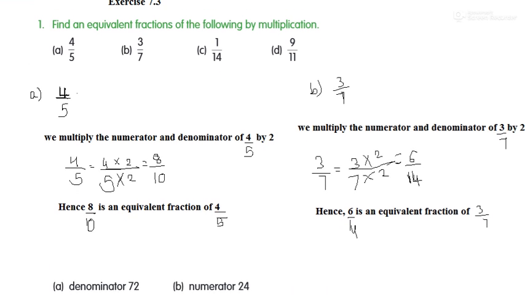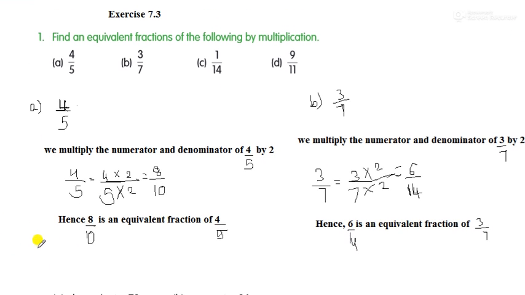Next 1 by 4. So here multiply with a 2. Here 2 ones are 2, 4 twos are 8.